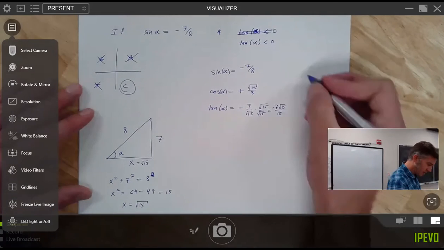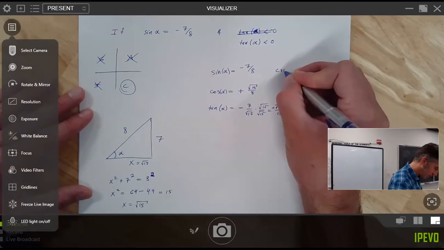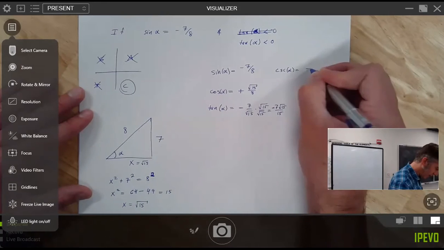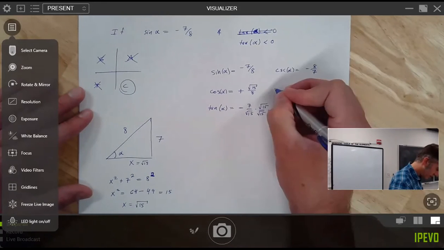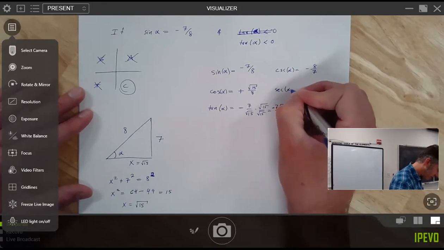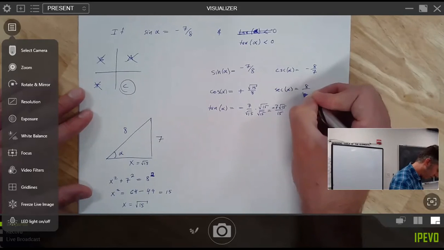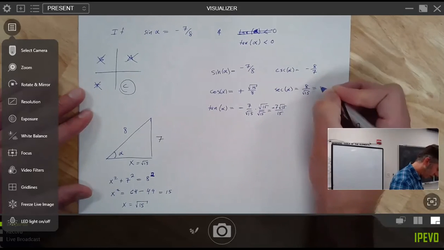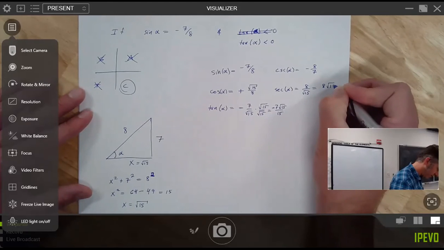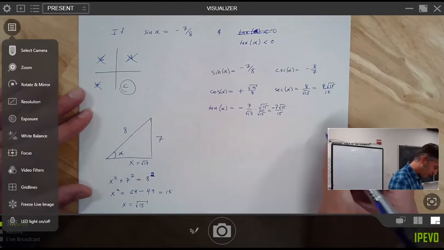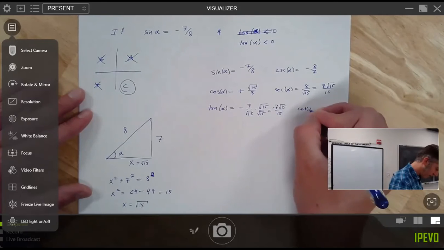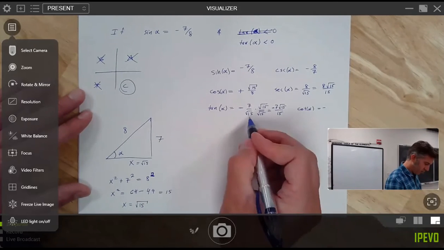And then we do the flips. Cosecant of alpha should be negative 8 over 7. Secant of alpha is positive 8 over root 15, which rationalizes as 8 times root 15 over 15. And cotangent of alpha should be negative root 15 over 7.